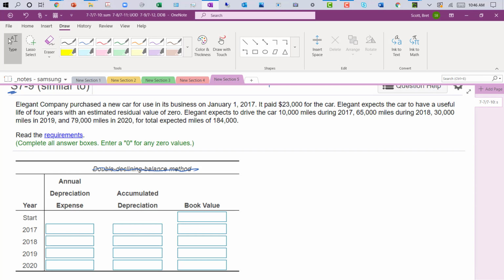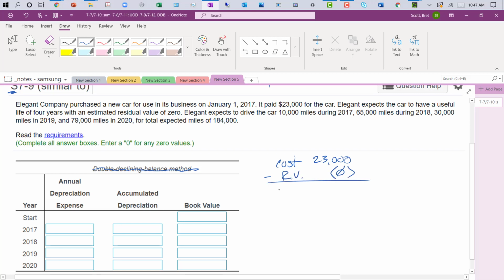So if I'm using the straight line method, they're telling me that the cost of the machine is $23,000. As we do in the notes, subtract off residual value, which in this case is 0, so there's nothing to subtract. The depreciable base, the amount I'm going to spread out over the life of the asset, is $23,000.